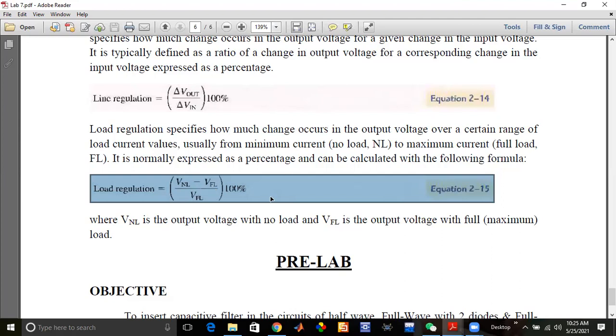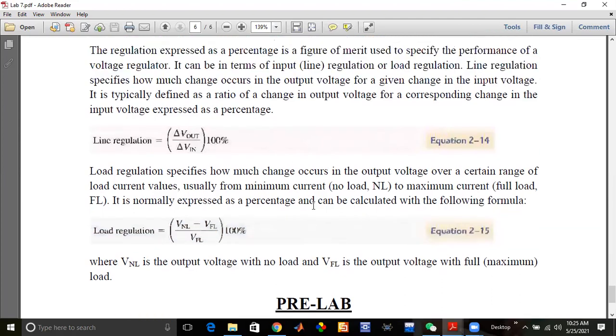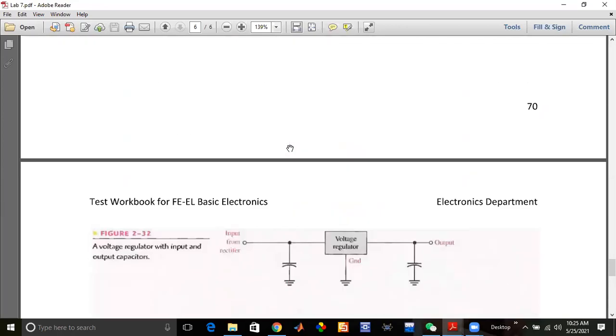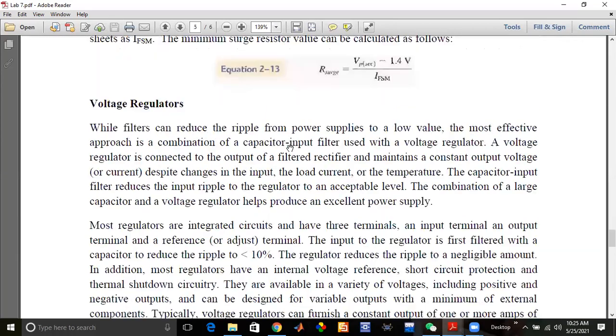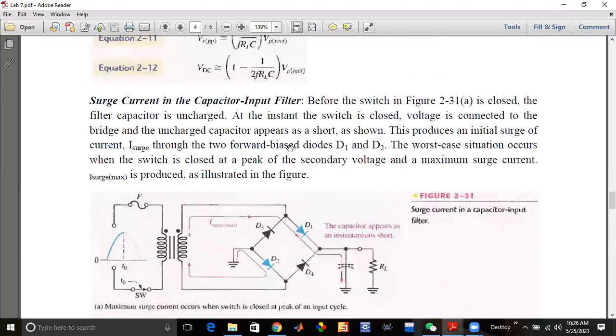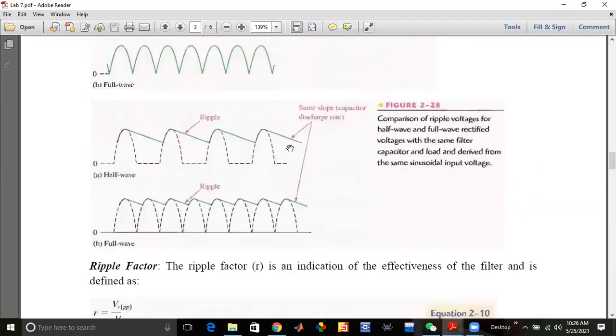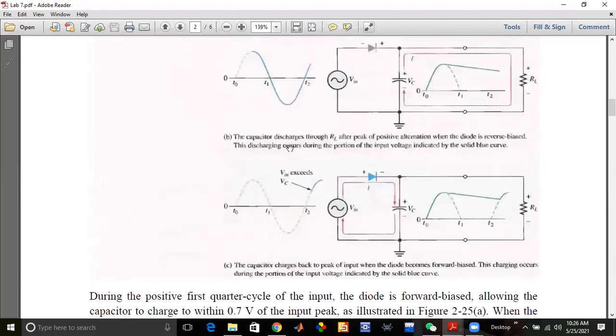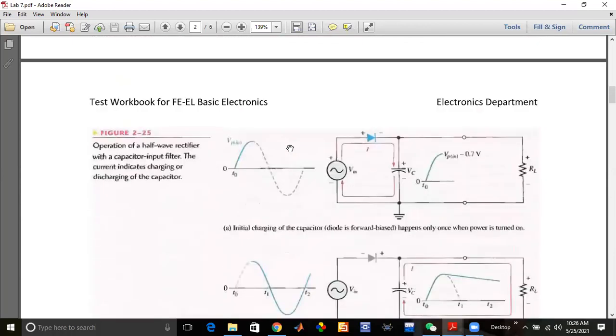So this is called the no load and full load operation. So I hope you have understood the theory behind today's lab. In today's lab we have studied two components. One is the filter and one is the regulator.